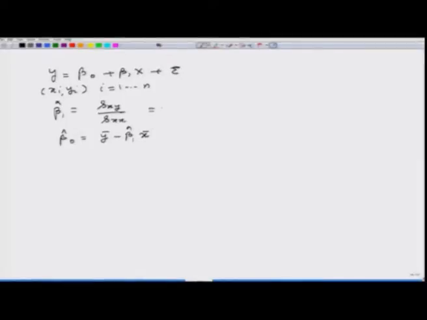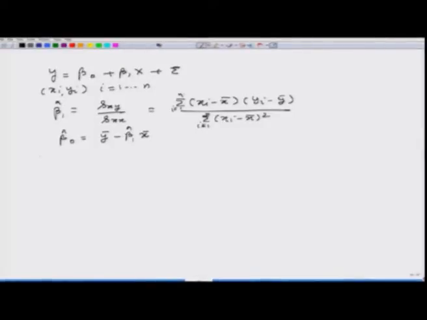Just for your remembrance, this Sxy was summation xi minus x bar, yi minus y bar, and Sxx is summation xi minus x bar whole square, and all the summations are going from 1 to n.